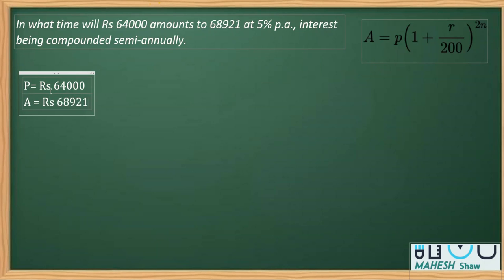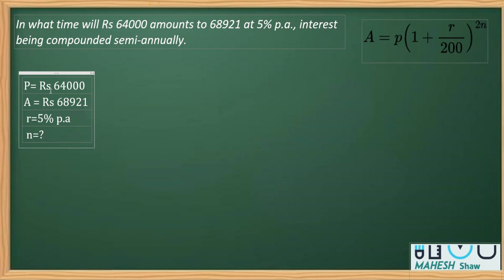Further, we also know the rate of interest. So R is equal to 5% per annum. And what we have to find is the time. So this is n, what we have to get.